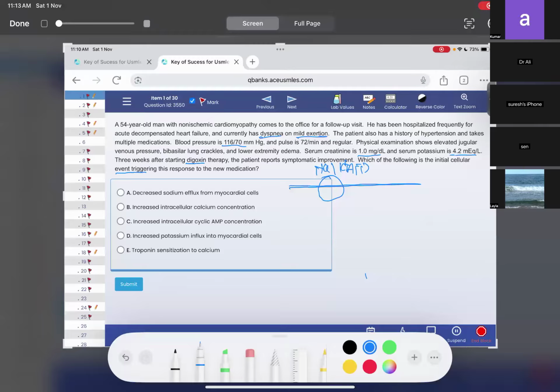Normally the sodium potassium ATPase does efflux of sodium and influx of potassium. So whenever digoxin binds to this channel, it will inhibit it, so the sodium will remain inside and the potassium will remain outside.